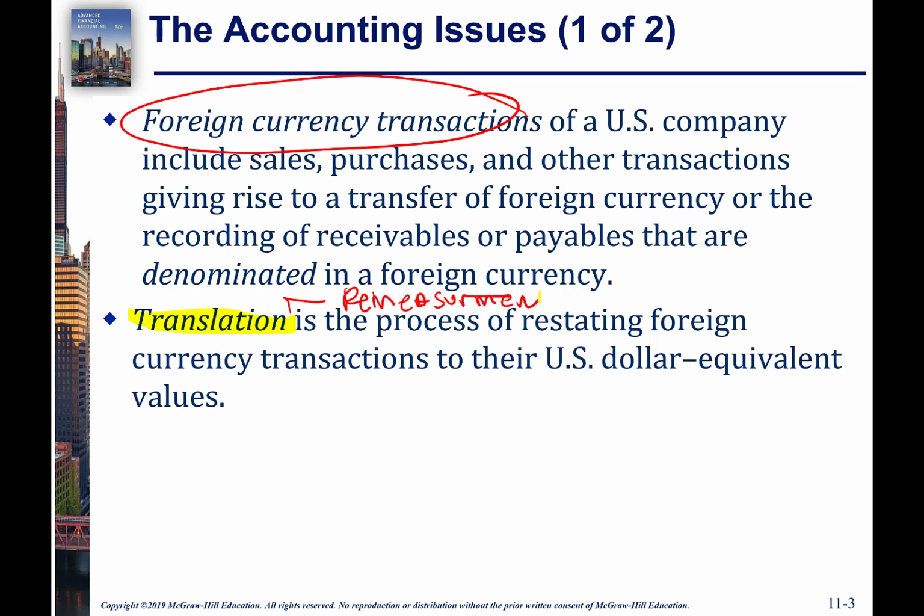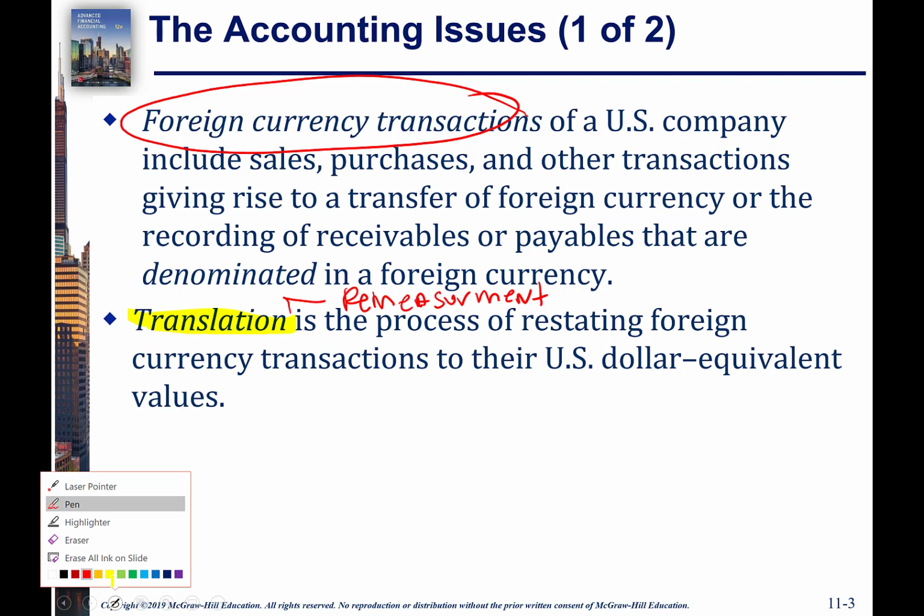Okay, so we're going to have those two different possibilities, translation or remeasurement. This is when we have a foreign subsidiary and we want to consolidate it into the U.S. parent; we want to use one of two processes, either translation or remeasurement. And it really depends on the nature of the entity that we are dealing with. Okay, we'll see that as we go along a little bit later.